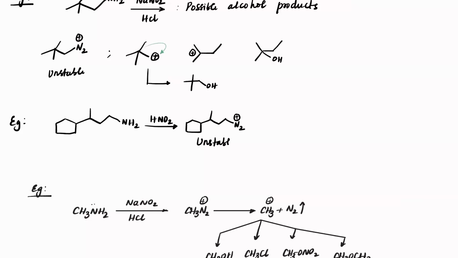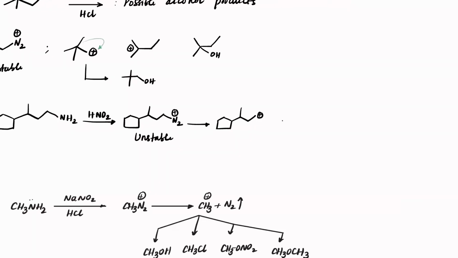And from that unstable form, you convert this into a carbocation. So first the carbocation will form here, and that carbocation will get rearranged to this position, which will also get rearranged to this tertiary position, which will also get ring expansion, correct?